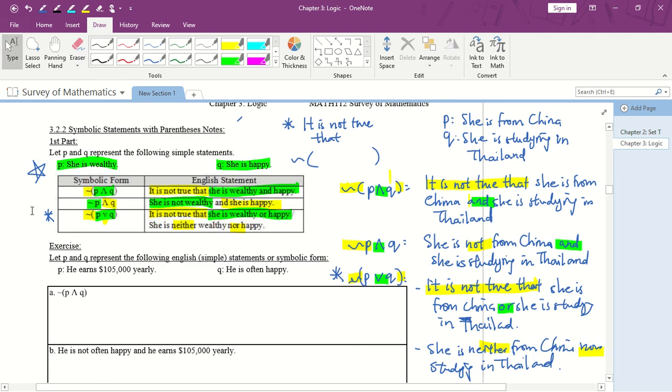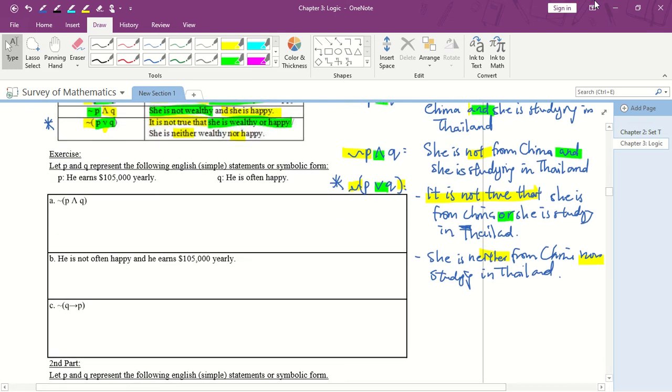Okay, so let's look at the questions here. Let P and Q represent the following English simple sentence statements or symbolic form. So now it is given that P means he earns $105,000 yearly, and Q says that he is often happy. So negation of P and Q. How should I write it?